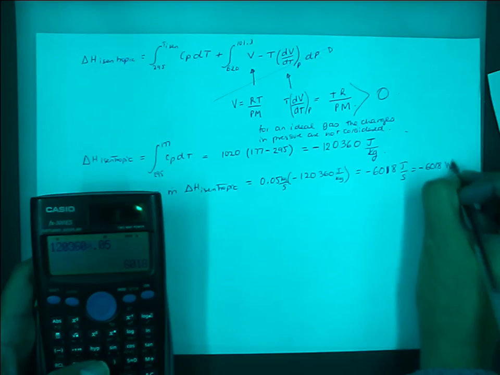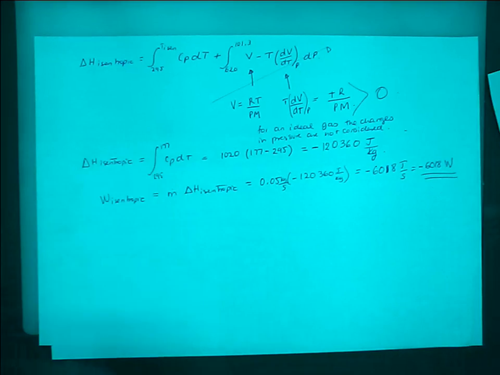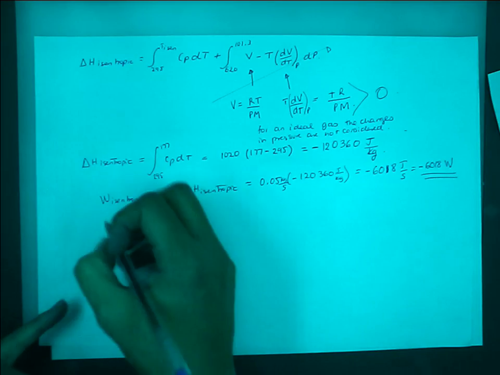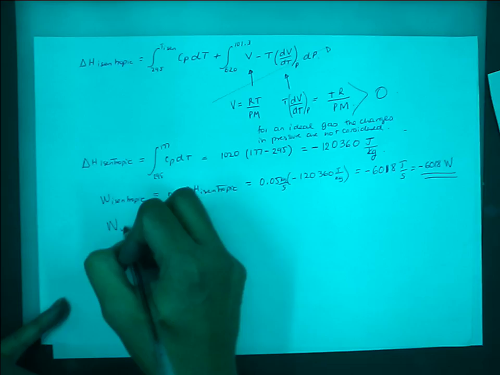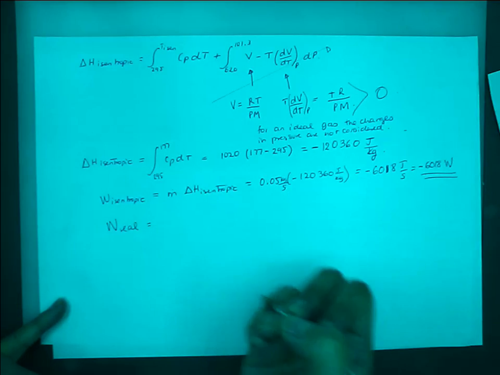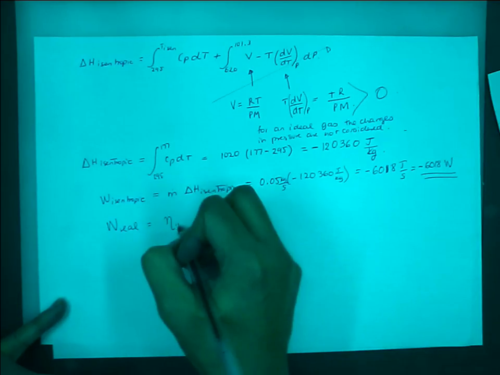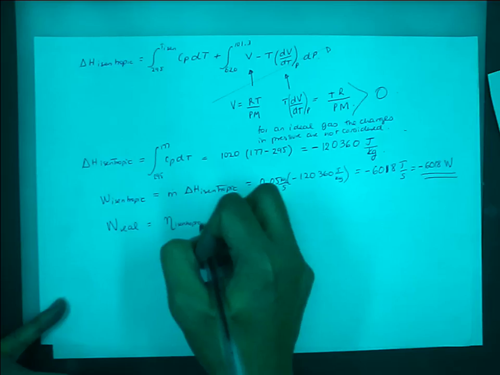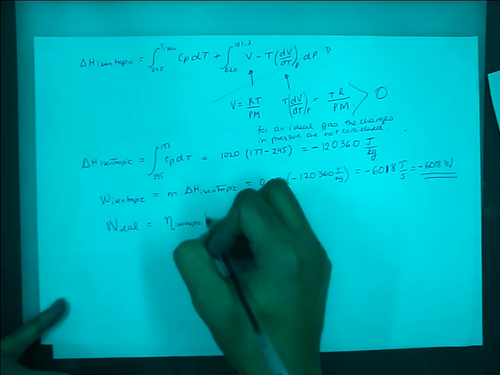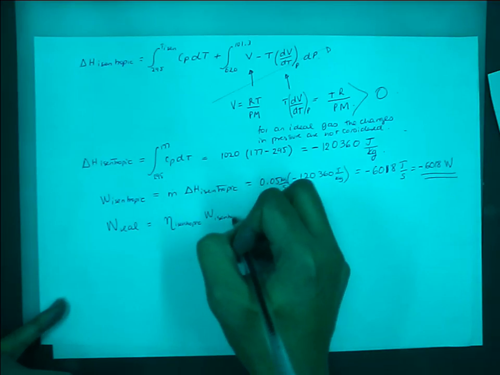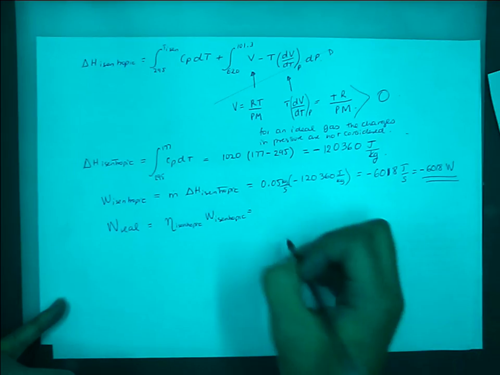So that will be 0.85 times minus 6018, which is 5116. Negative, right? Because we're producing work in this case.